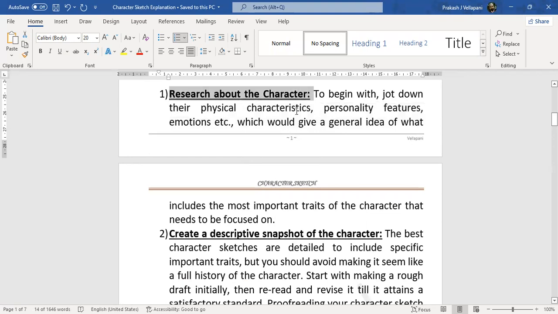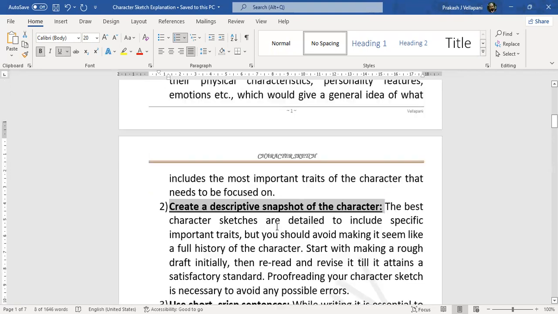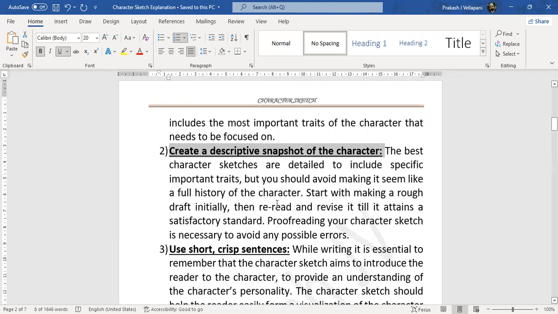Research about the character. Second, create a descriptive snapshot of the character. Character sketches need to include certain important personality traits. However, when you include these personality traits, try to avoid making it look like a full history of the character.